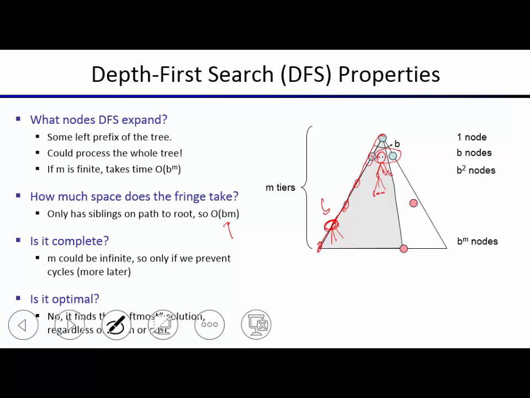And then your question is, how much space is taken by a single node sitting on the fringe? It depends on your type of implementation. In the most straightforward implementation, a single node could be m states in sequence, or m actions, because your tree is m deep. So then the memory complexity would be b times m nodes times m per node.